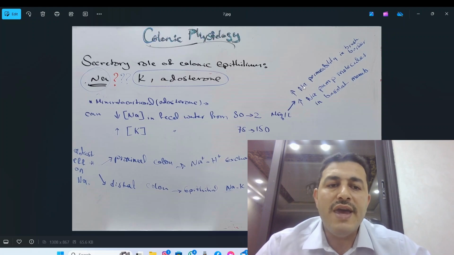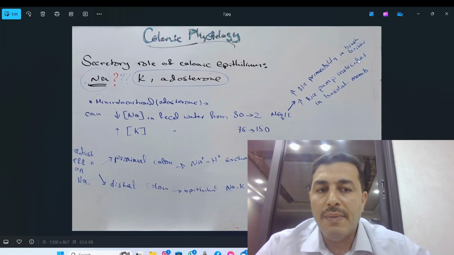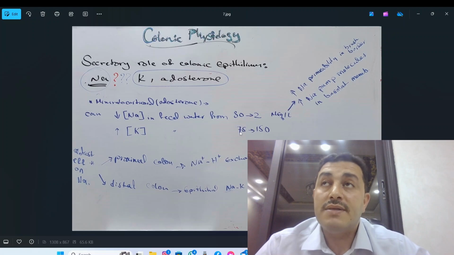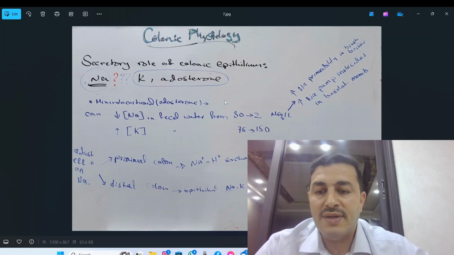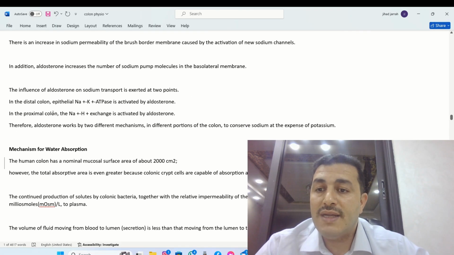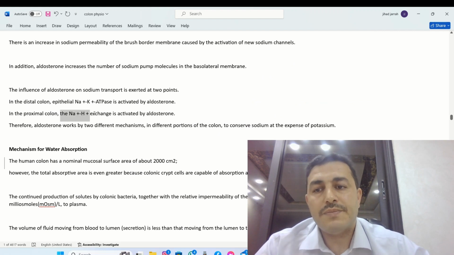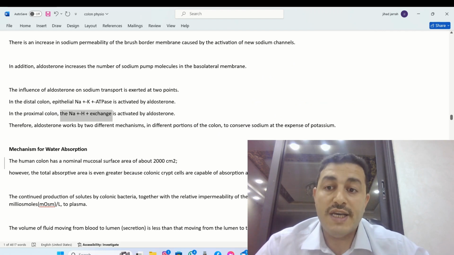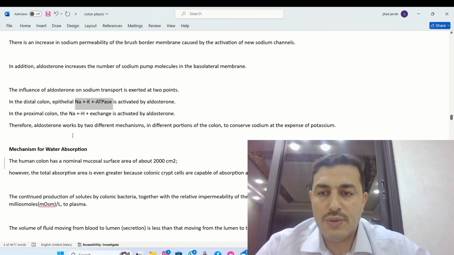By the increase in sodium permeability in the brush border, and increase in the sodium pump molecules in the basolateral membrane. Also, it increases the potassium concentration from 75 milliequivalent to 150. How does this effect occur? In the proximal colon, it is by the Na-H exchange, and in the distal colon, actively by sodium-potassium ATPase.